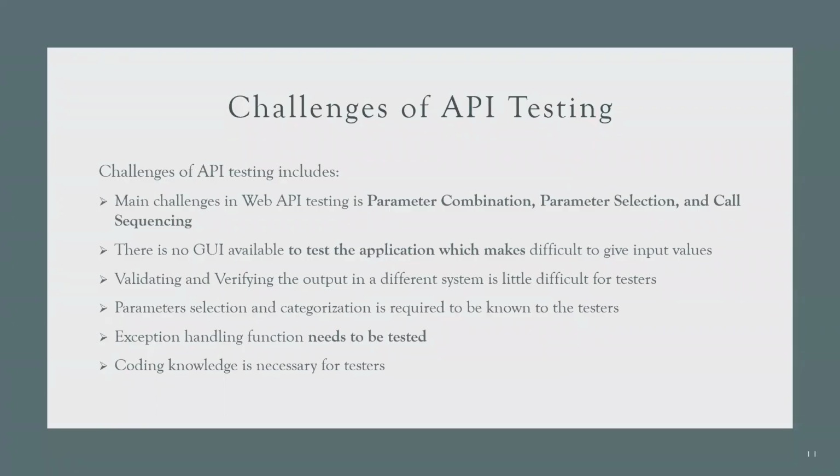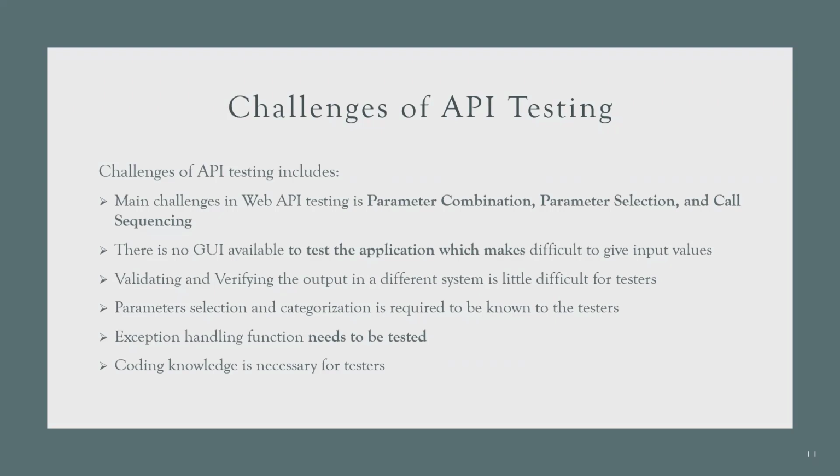Which challenges do we have in API testing? The main challenges in web API testing are parameter combinations, parameter selection, and call sequencing. Generally, in API testing, we don't have a UI. Sometimes we might be confused about whether we are getting a response or not.